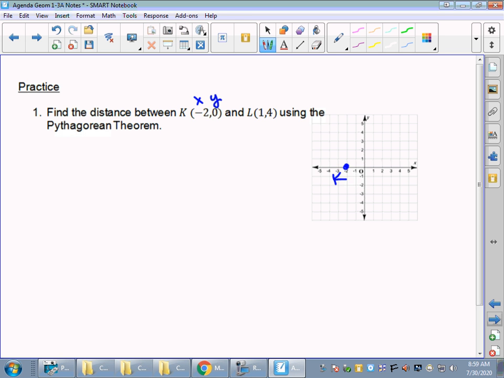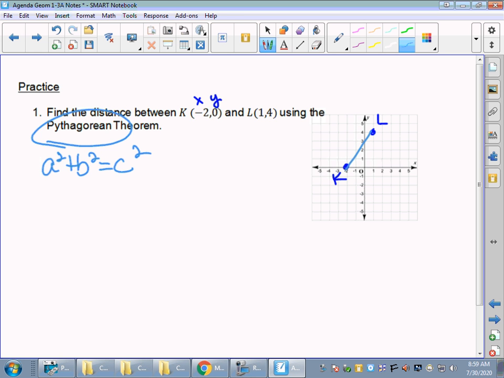Please put the point, think back to section 1.1, points, lines, and planes. K is a point, capital letter K. L is at over 1, up 4. What I'm asking you to do is find the distance between those 2 points. So if we're going to use the Pythagorean theorem, A squared plus B squared equals C squared.